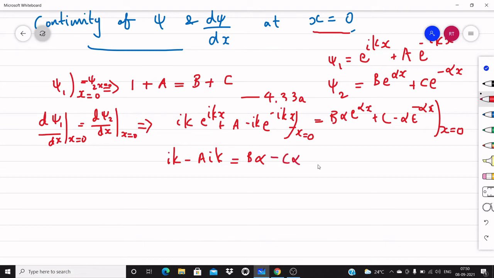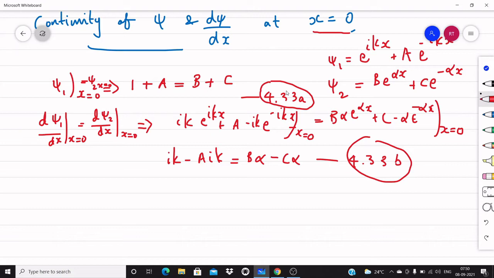So this is going to be the second equation. We will call it 4.33b. We have 4.33a and 4.33b.